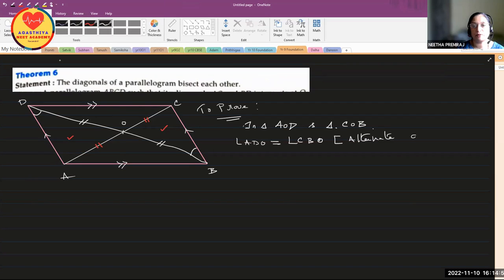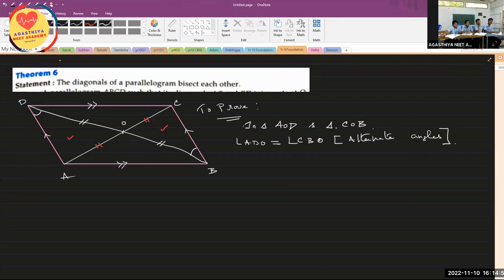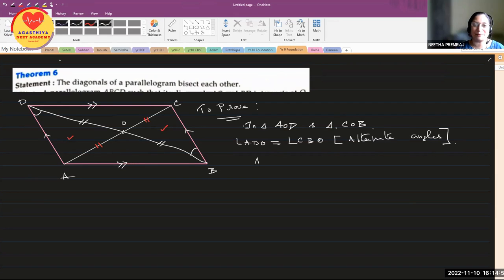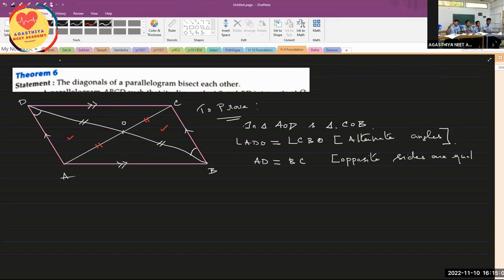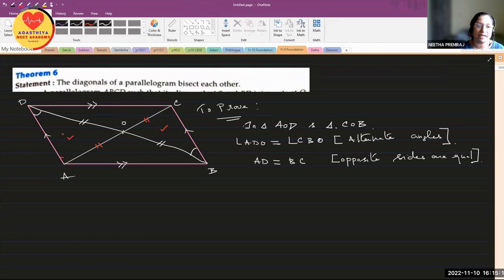Alternate angles. அப்புறம் வேற என்ன? Super. AD is equal to BC because opposite sides are equal. So equal. அப்புறம் வேற என்ன? இந்த angle இதுவுமே again அதேதான். Alternate angles are equal. Yes, isn't it?